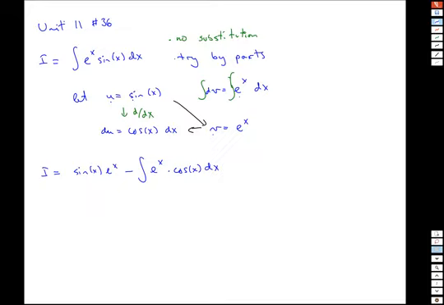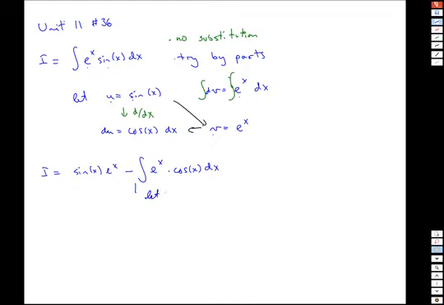If there's any comments along the way, please feel free to add them to the feed there. So far, so good. Now, what we notice is that we haven't actually simplified our integral. We've just traded it for a new thing that looks pretty similar to the original, but let's keep going.